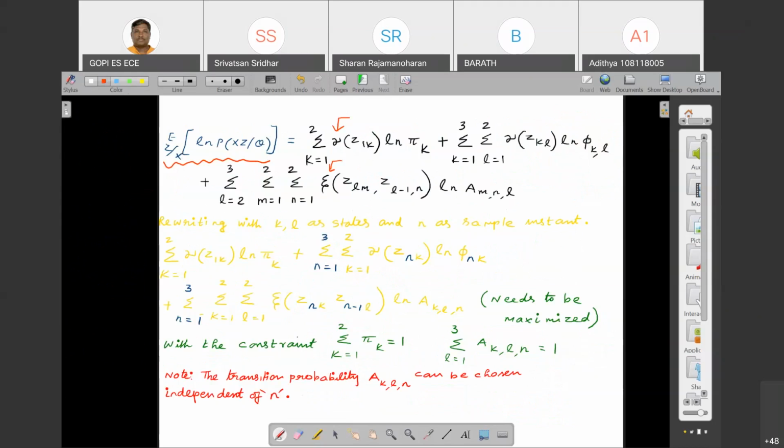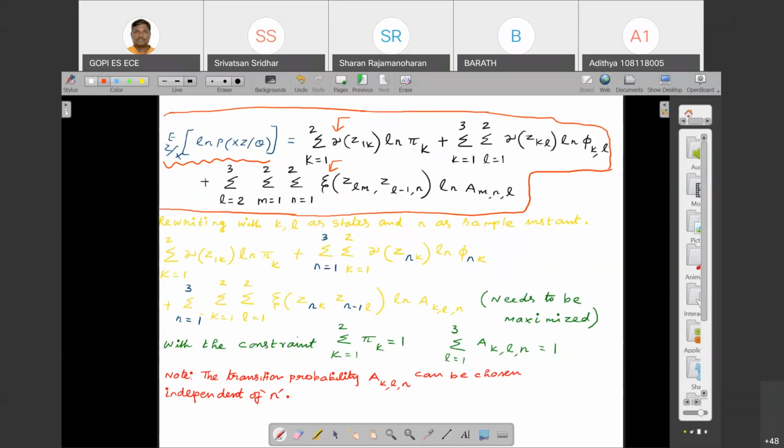So this is the final expression which we are trying to maximize. We are interested in getting all the unknown parameters just by maximizing this. This is what you have to maximize.